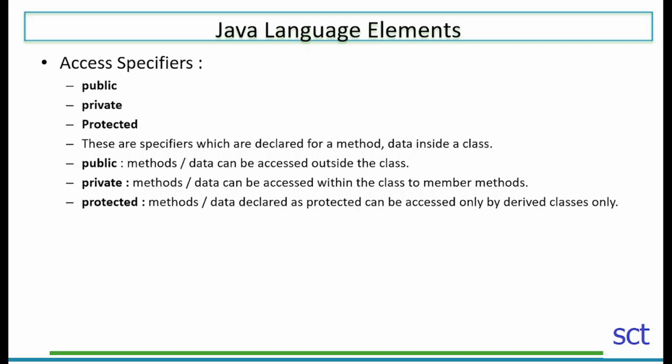Only the class member can access the private variable. Protected: when I declare any data member or a function as protected, these two things can be accessed by the class and at the same time by the derived classes. We will come to know about what derived classes are a little later in our videos.